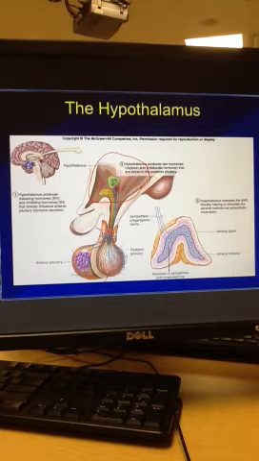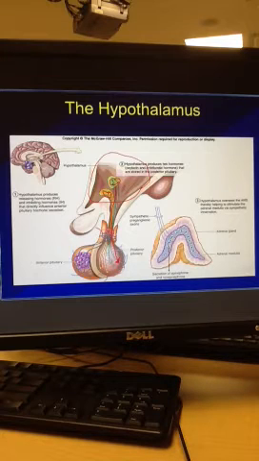You can see those nuclei shown right here. Once those hormones are synthesized, they move down the neurons into the posterior pituitary by axoplasmic flow, and they're stored there and then released.